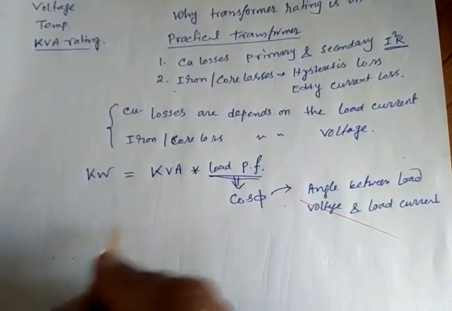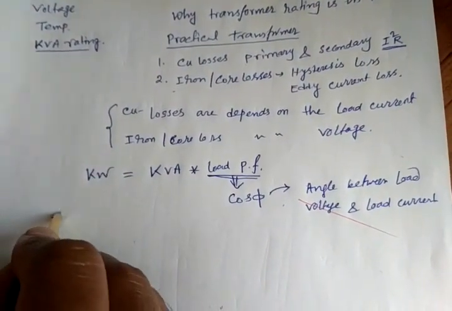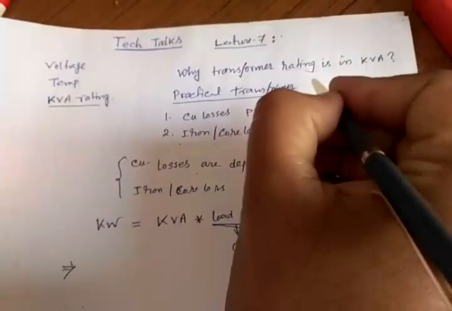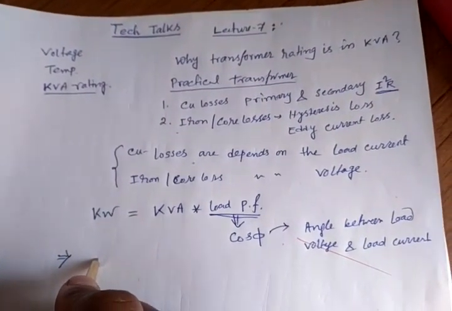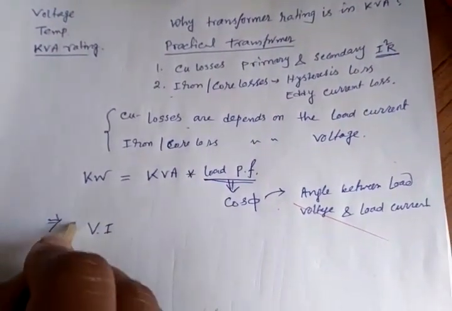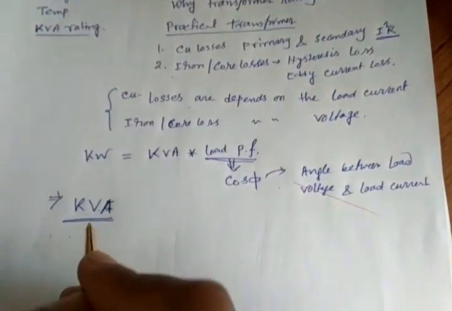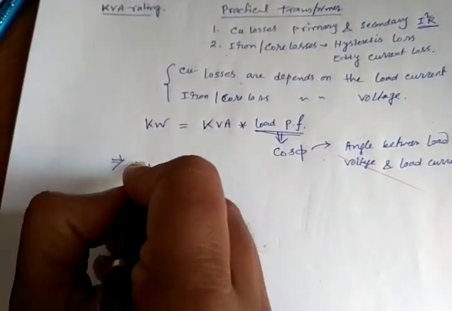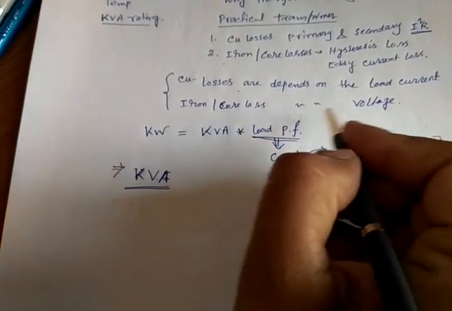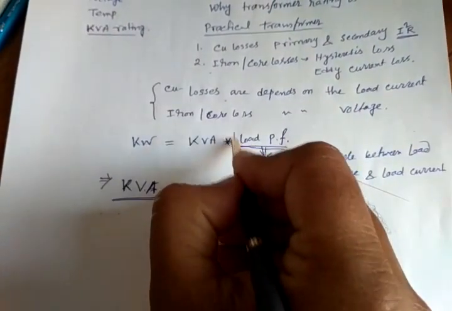So if we say the rating in terms of volt ampere, and in kilovolt ampere, that is kVA, then we have no problem, because the losses don't depend on the load power factor.